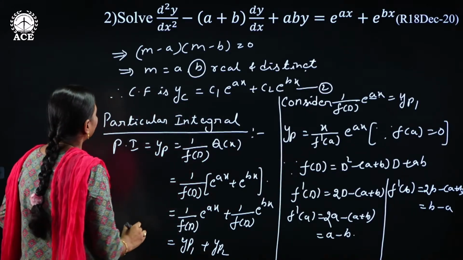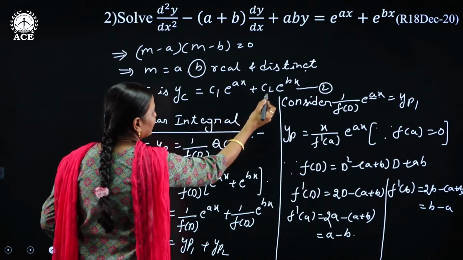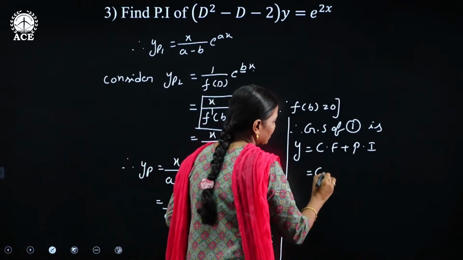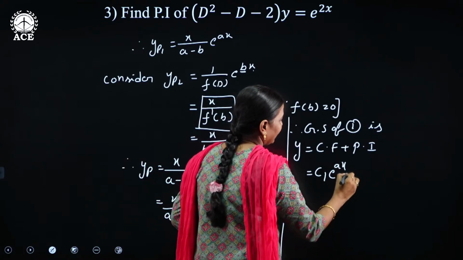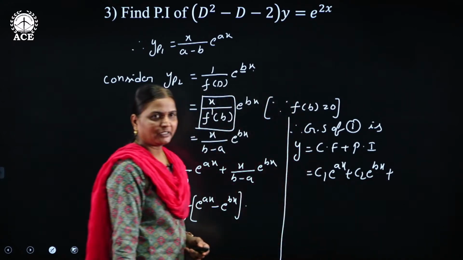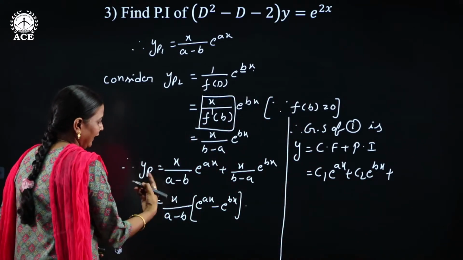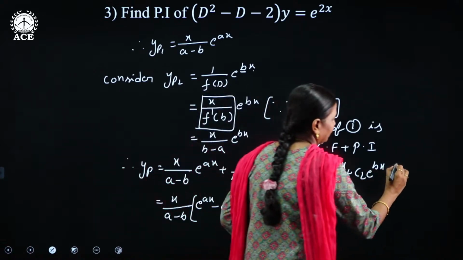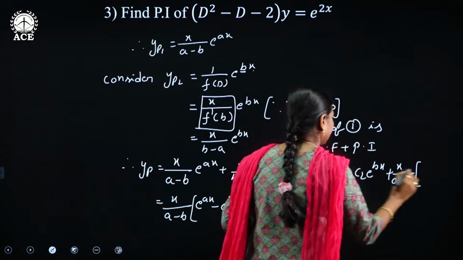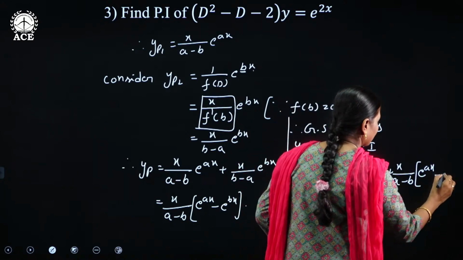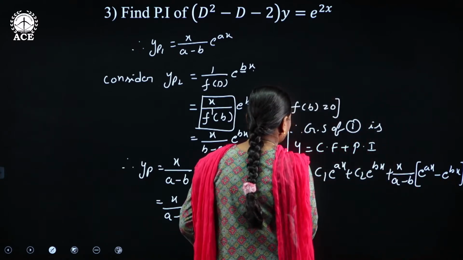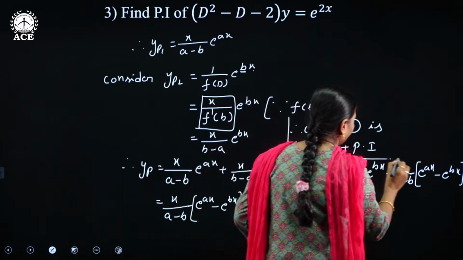The complementary function is c1 into e power ax plus c2 into e power bx, plus the particular integral. What is the particular integral? X by (a minus b) into (e power ax minus e power bx), which is the required general solution of the given differential equation.